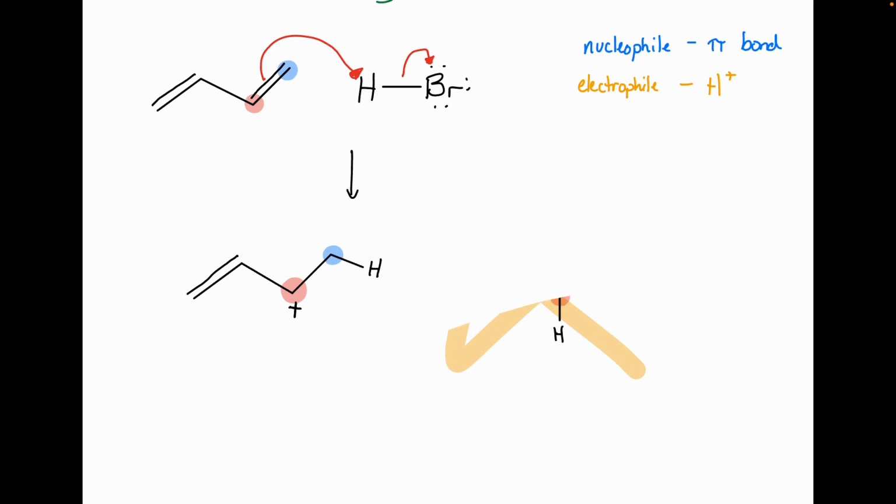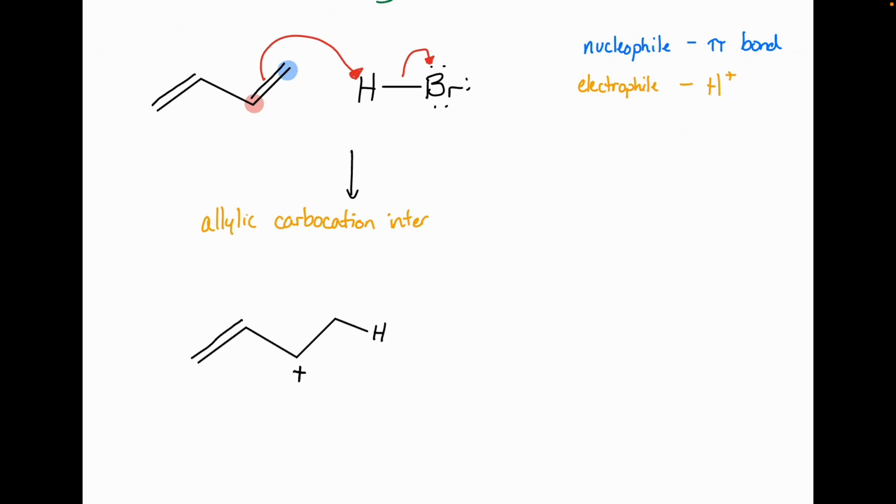We've got a special name for this carbocation. Anybody remember, it starts with an A? The allylic carbocation, absolutely. All right, cool. So we have our allylic carbocation intermediate.